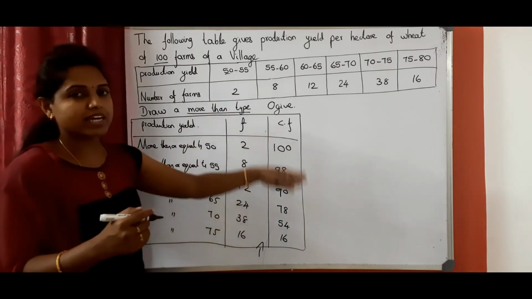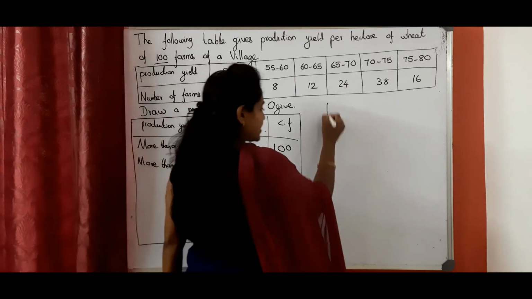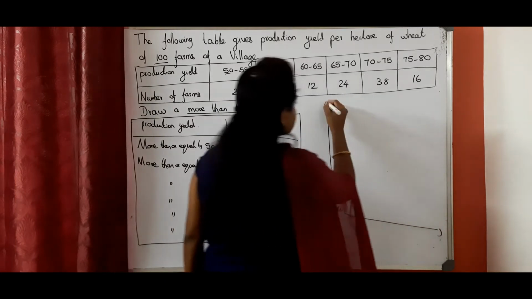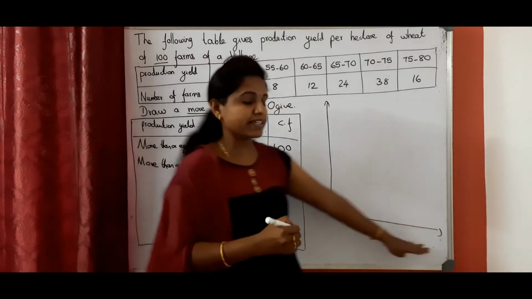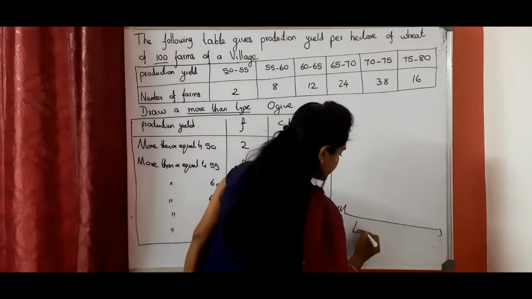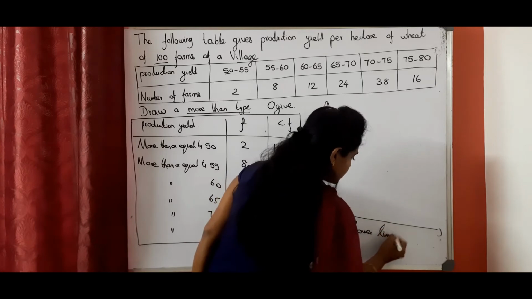Now we can easily do the graph, right? In the graph sheet, how to do it? We know that in a less than graph we write the upper limit. Here this is a more than value, so we should write the lower limit.